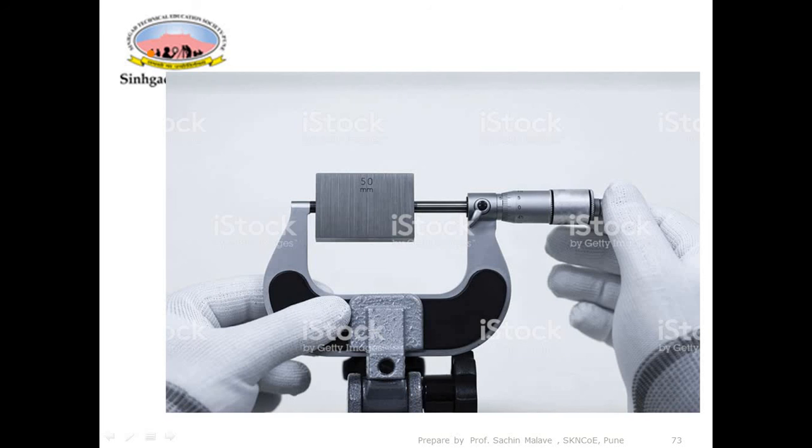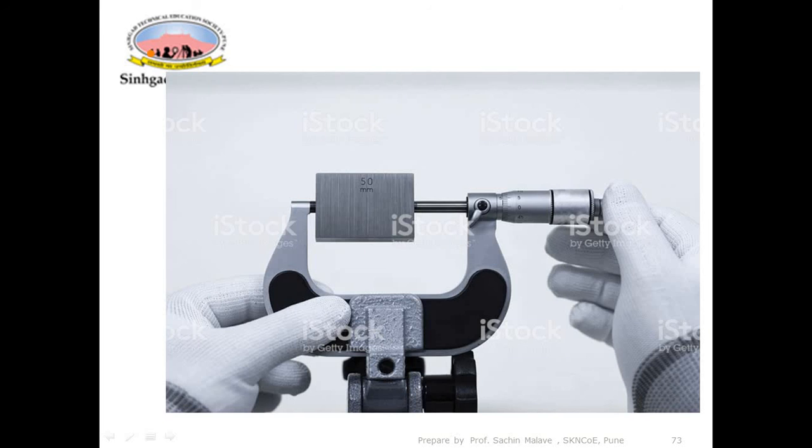As you rotate this thimble, the spindle will come out of the barrel. It will advance. If you rotate the thimble in the forward direction, the spindle will advance towards the fixed anvil.